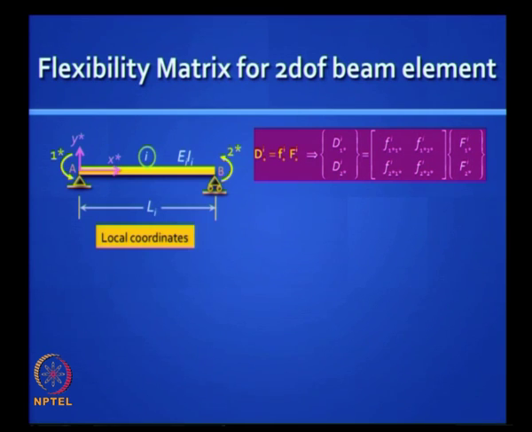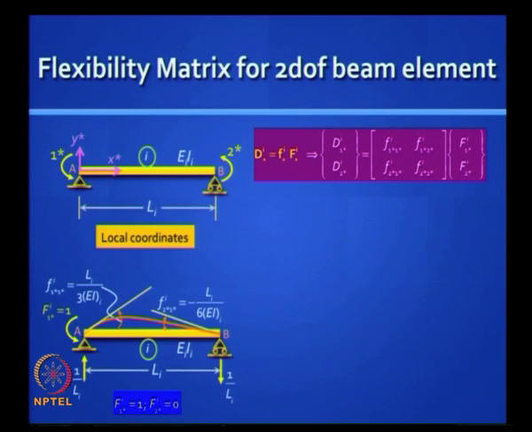The flexibility matrix for a prismatic beam element is something that you can easily derive from first principles. We have already done that, but to refresh your memory, you have 2 degrees of freedom, you have a simply supported beam, you apply one unit force at a time, F1 star equal to 1, you know the two end rotations, one will be L by 3 EI and at the other end it will be L by 6 EI.